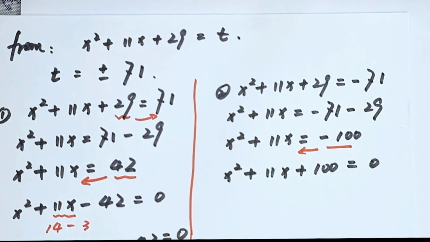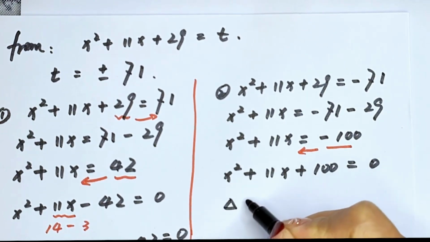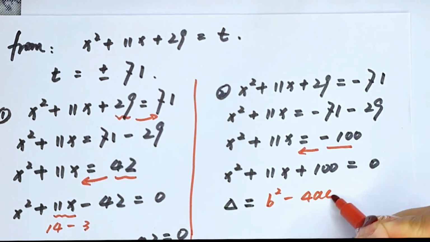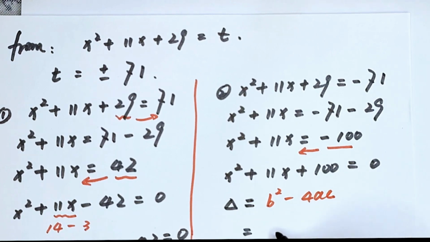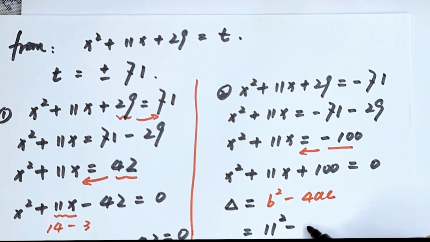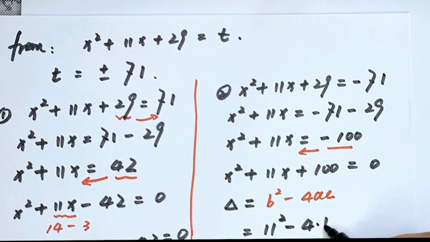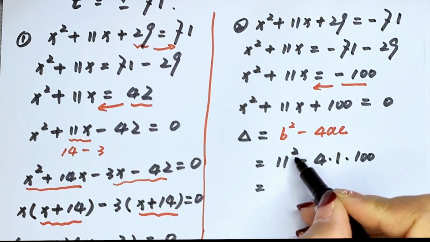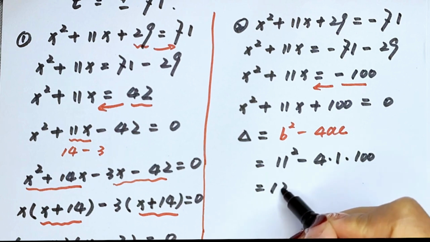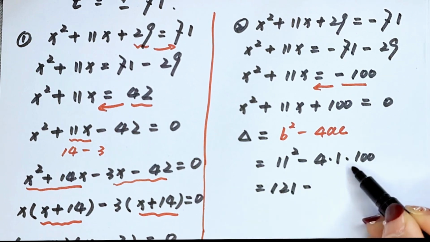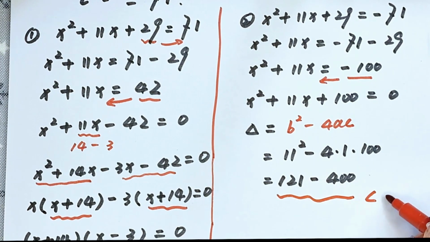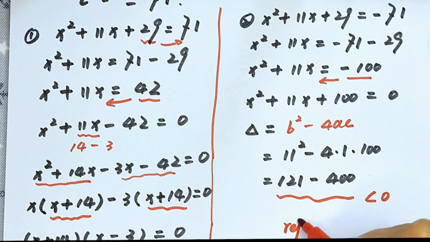Now the discriminant formula is b squared minus 4ac, so it equals 11 squared minus 4 times a is 1, times c is 100. 11 squared equals 121, minus 4 times 1 times 100 is 400. The value is less than 0, so we don't have a real solution. So this solution we will reject.